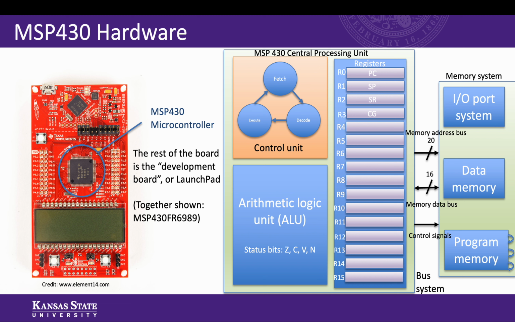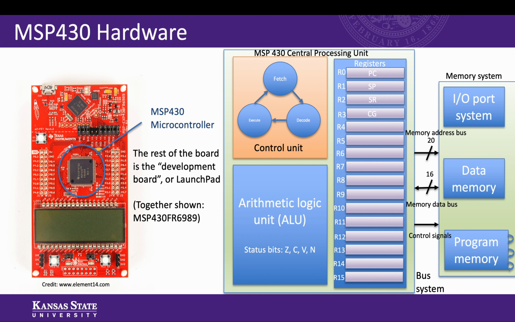The figure at left is the MSP430, which is the small chip at the center of the red board. The rest of the board is called the development board, and its manufacturer, Texas Instruments, refers to it as the launch pad. It contains peripheral devices to interact with the MSP430. There are different models of MSP430 and many different data sheets for each of these models.